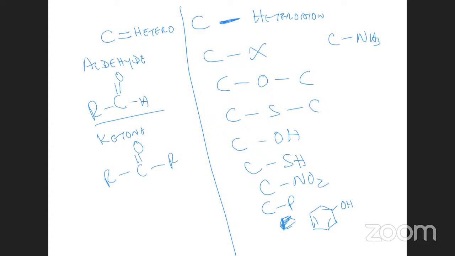Instead of hydrogen here, we have an R group. Then we have imines. Imines have a double bond between the carbon and the nitrogen. That is imines.